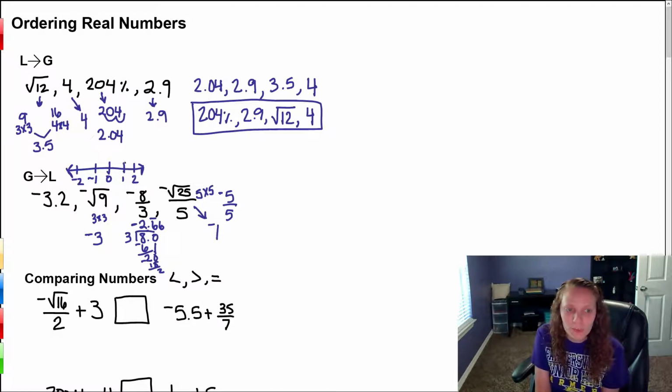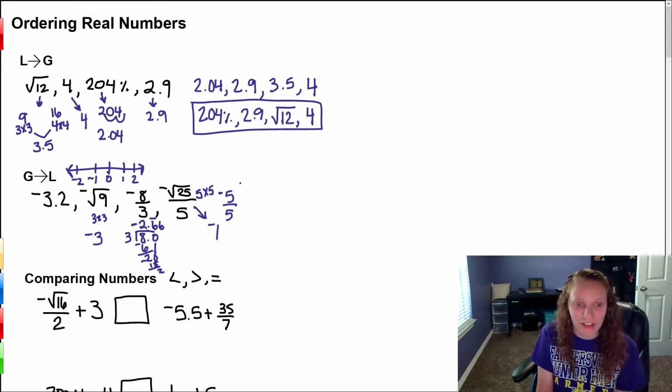So for positives, they go in order 0, 1, 2, and as you count up, the numbers get larger and larger. Going down from 0, -1, -2, they go more and more negative, and so the farther you go down the number line, the smaller the number is. So -2 is actually less than -1. Positive 2 is greater than positive 1. So you have to be careful with how you think about negatives.